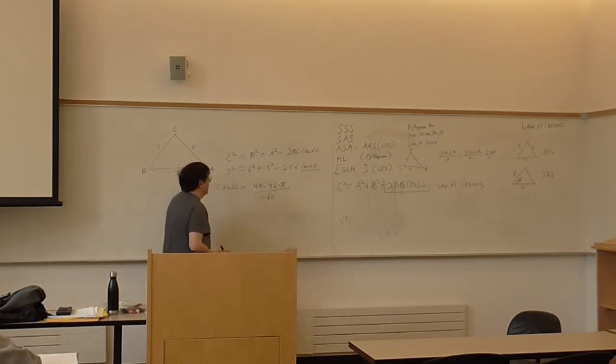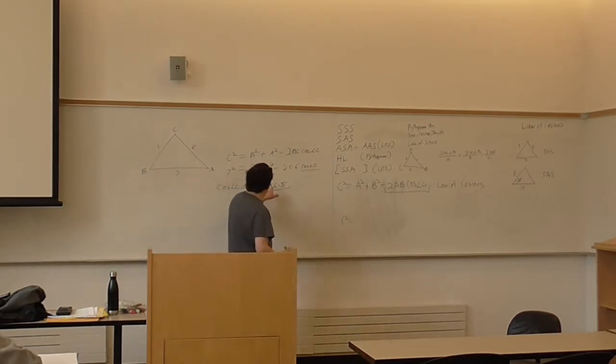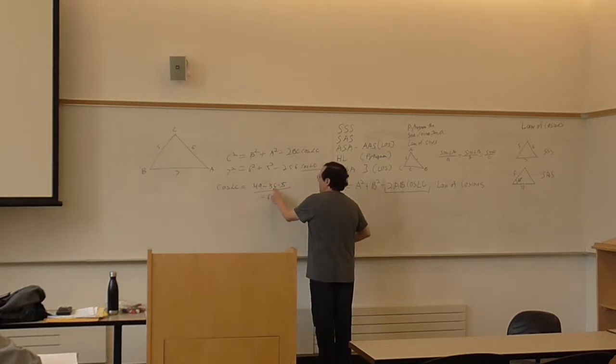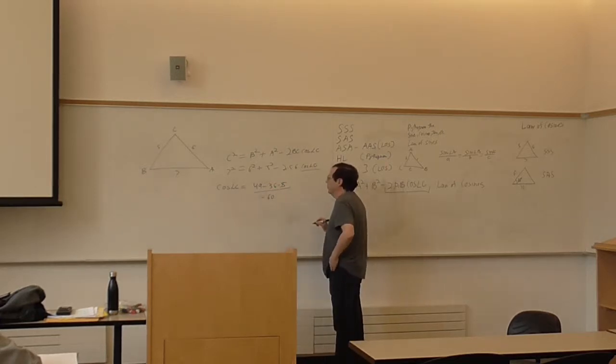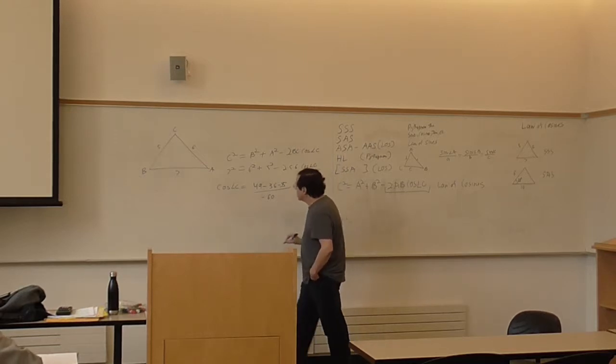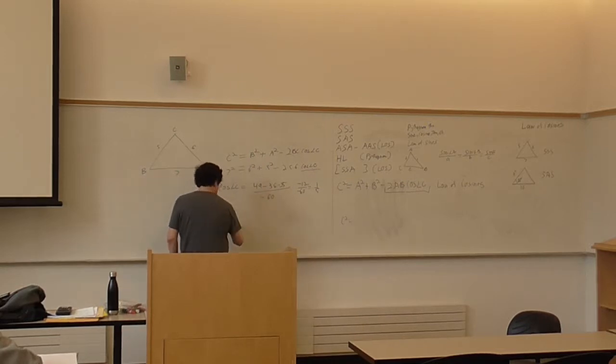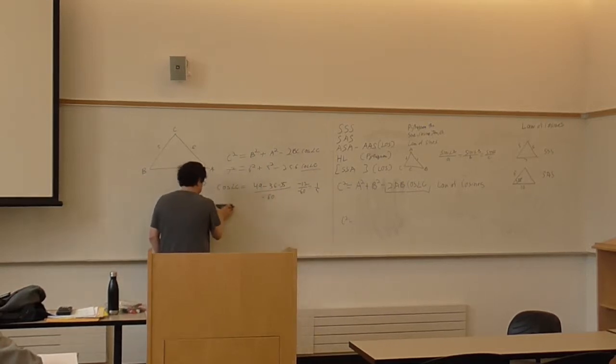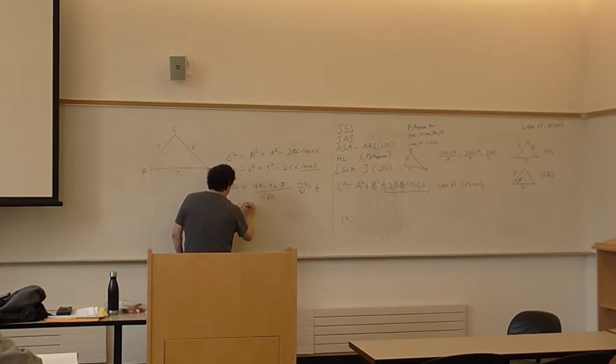Okay. What's this? 61 minus 49. It's minus 12 over minus 60, or 1/5. So my angle C will be the inverse cosine of 1/5.